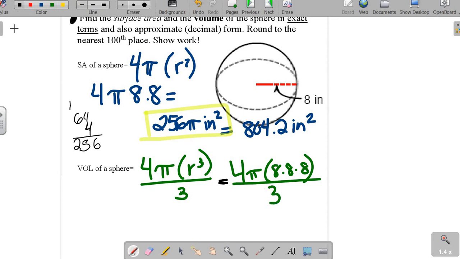So 8 times 8 times 8, that's basically 64 times 8. And then we're going to do times 4.